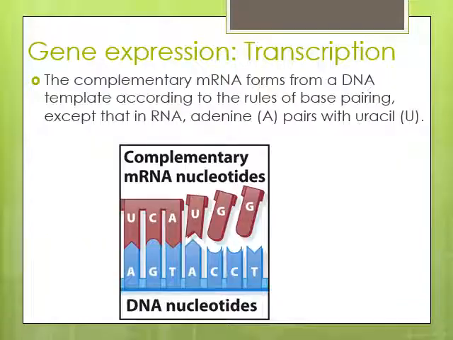And unlike DNA, RNA only has one strand. Okay? So this complementary mRNA strand is going to form from the DNA template according to the rules of base pairing. Again, now we're just pairing adenine with uracil instead of thymine.